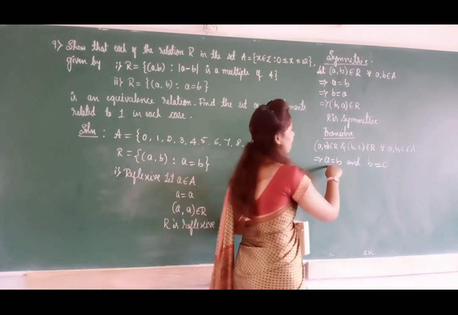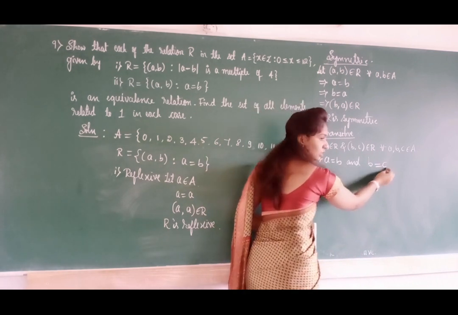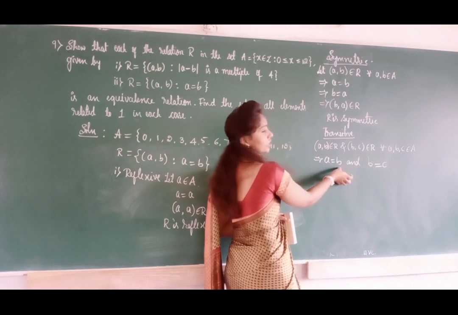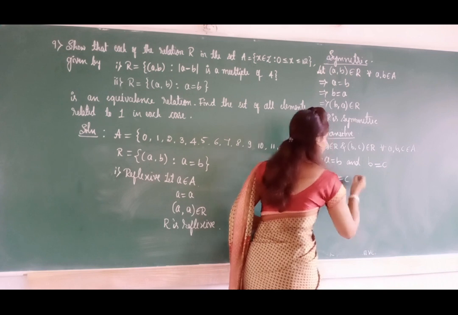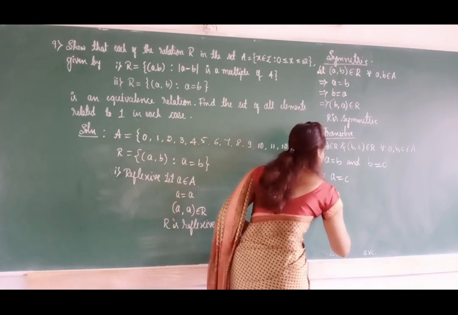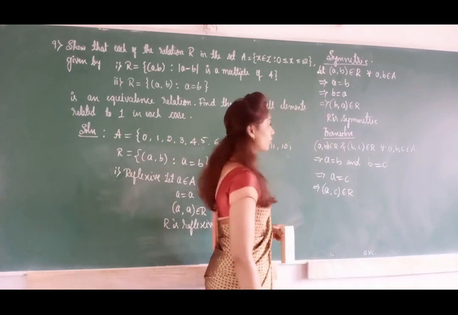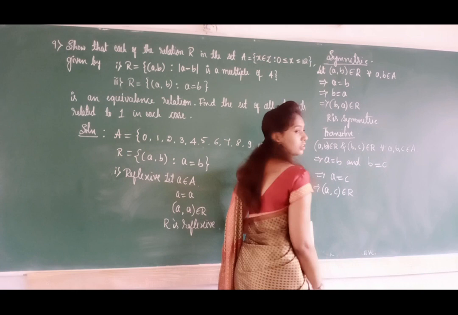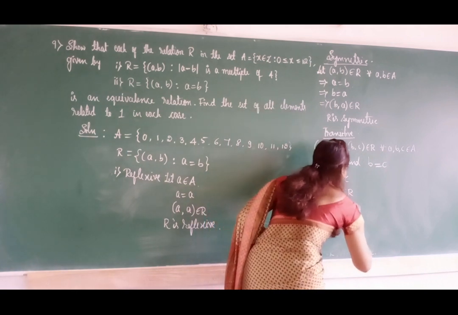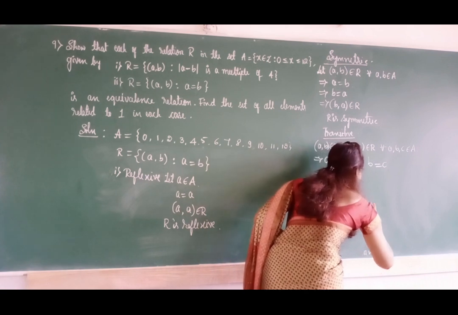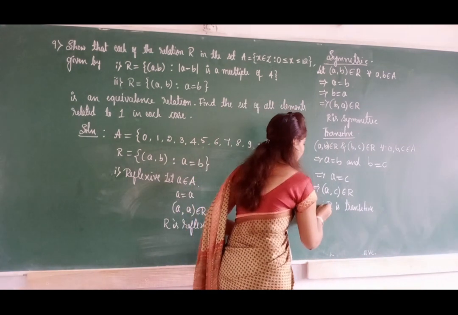Obviously, the value A is equal to C. So AB belongs to R, BC belongs to R, then we conclude AC belongs to R. Therefore, the given relation R is transitive.